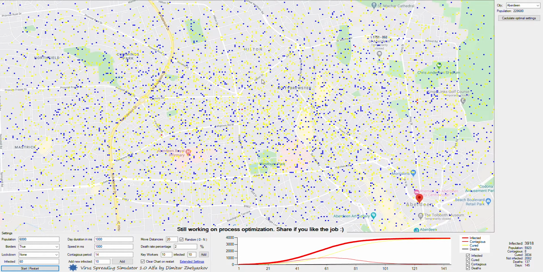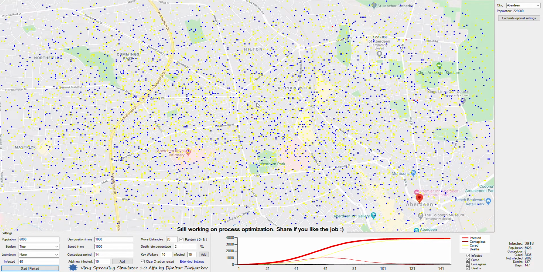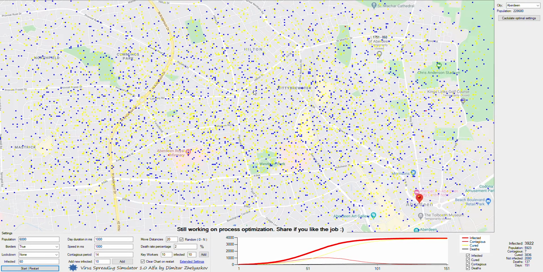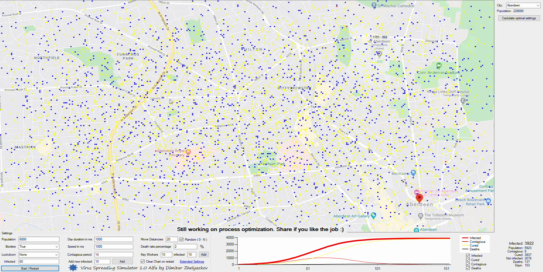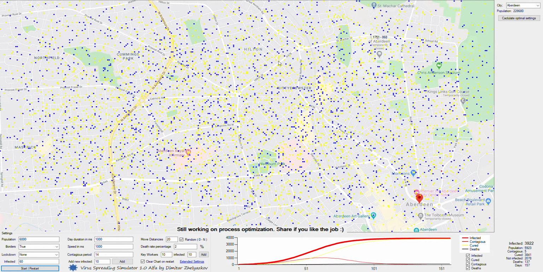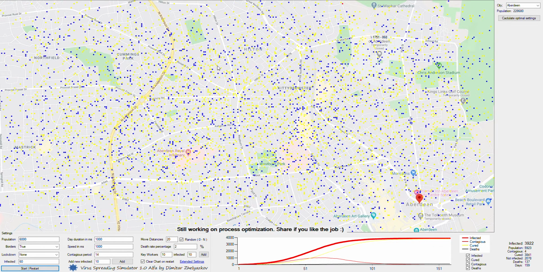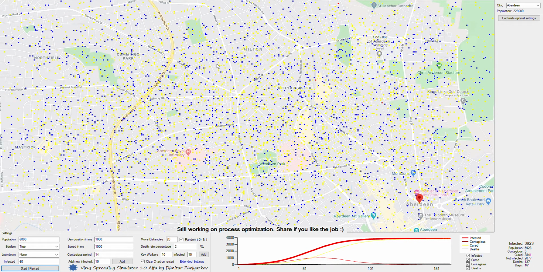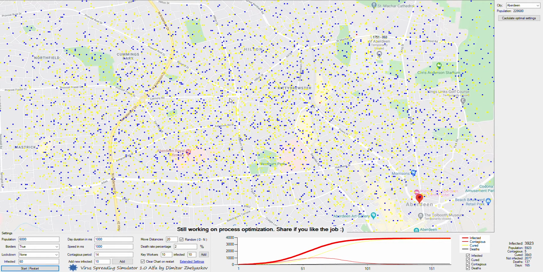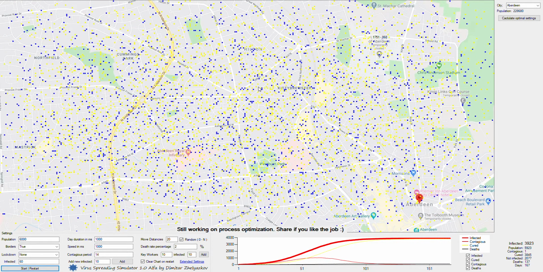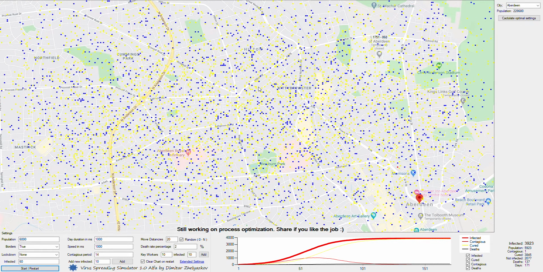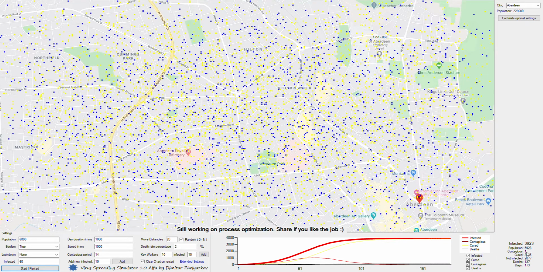It's probably 70 to 80% of the people who will pass the virus, and between 20 and 30% of the people on the map will never meet the virus. So probably they're going to have it next time, or next year, or whatever. There's one person left now. Come on.